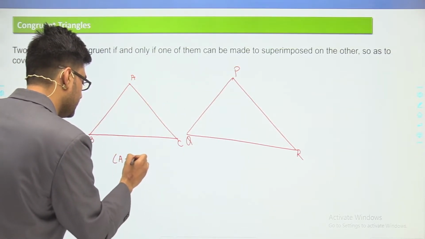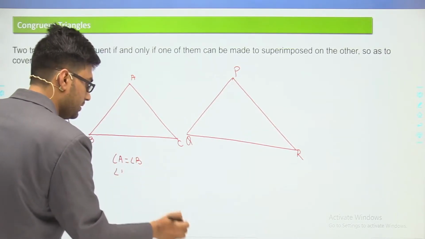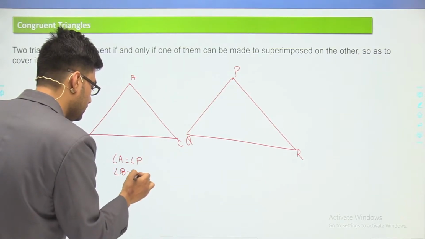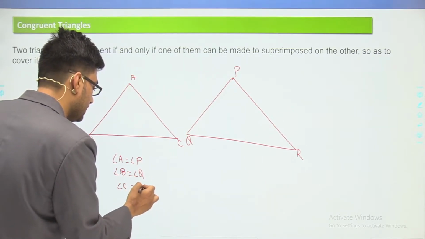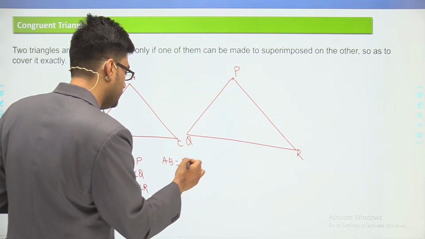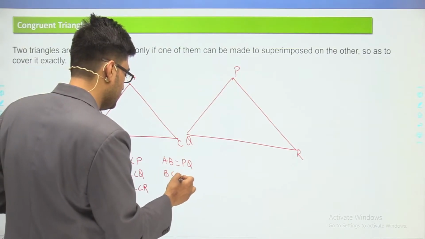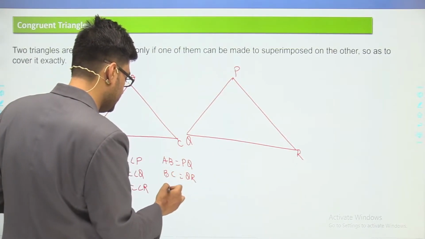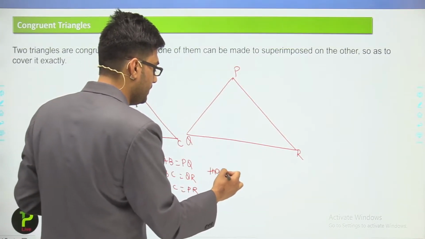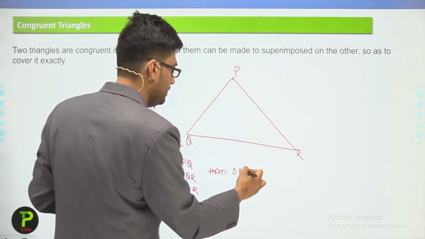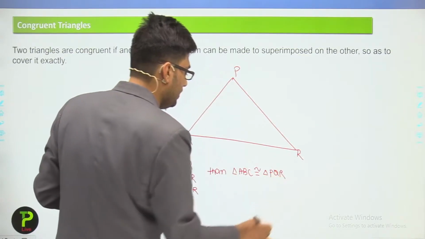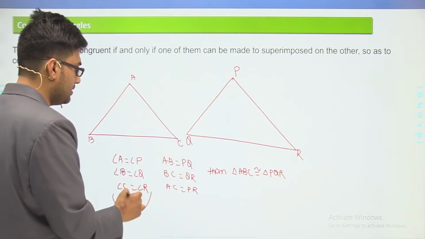If angle A is equal to angle P, angle B is equal to angle Q, angle C is equal to angle R, and AB is equal to PQ, BC is equal to QR, and AC is equal to PR, then students, triangle ABC is congruent to triangle PQR. Here all corresponding angles are equal.